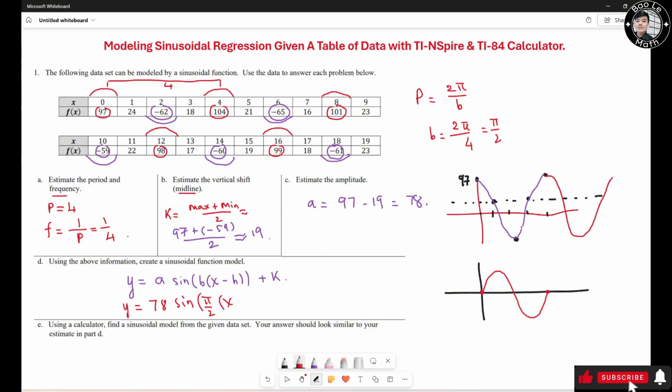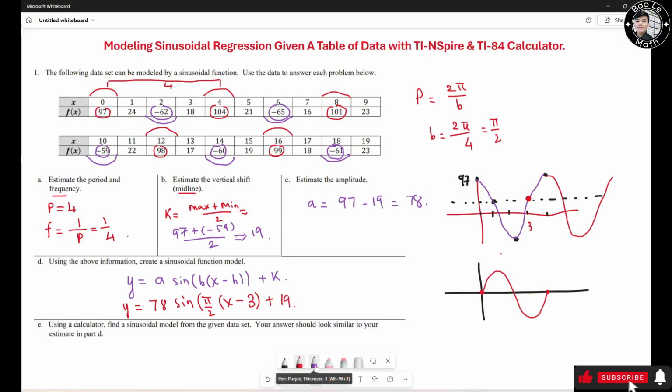Because you're going to write the sine function, it starts right here, which is 3. So you shift to the right 3 units, so it can be subtract 3, plus k. K equals 19, so it could be 19 right here.